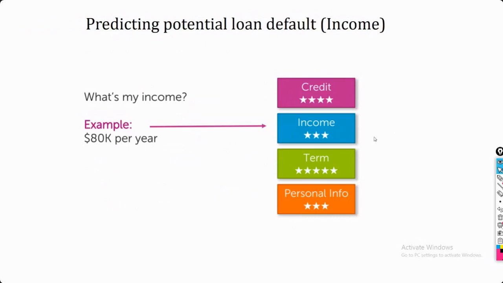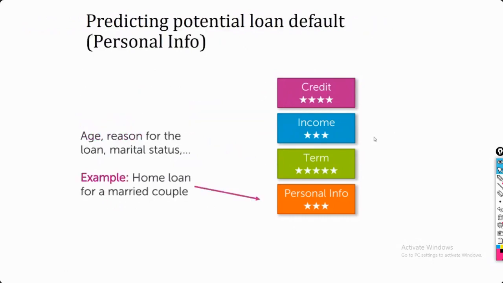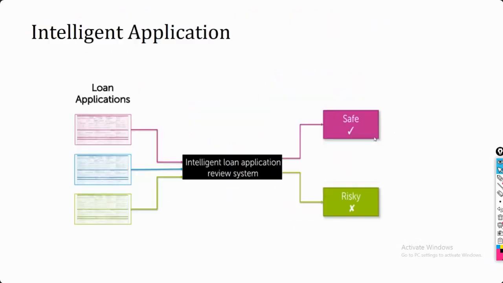So the person applying for the loan should have an age equal to or greater than 18. For each person the value is going to be 18 or more. We will have the same for these cases also.